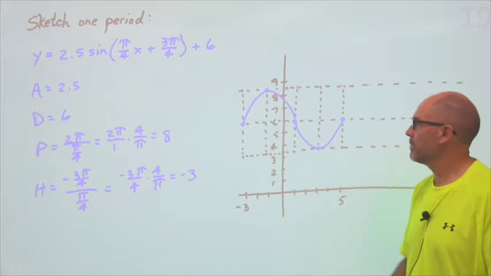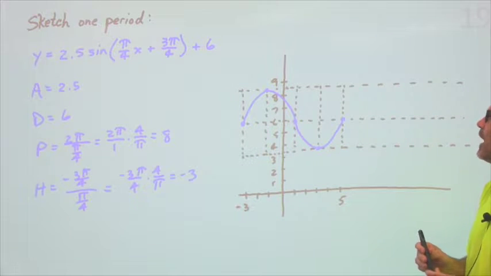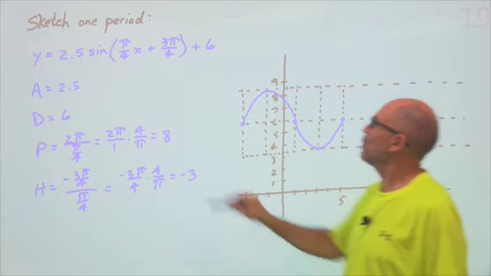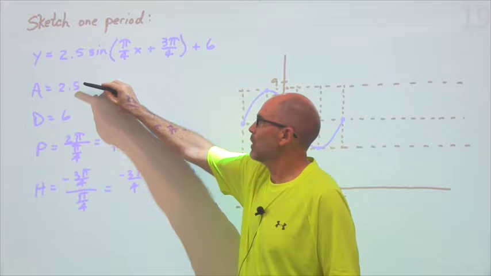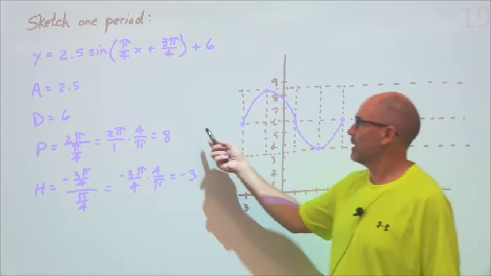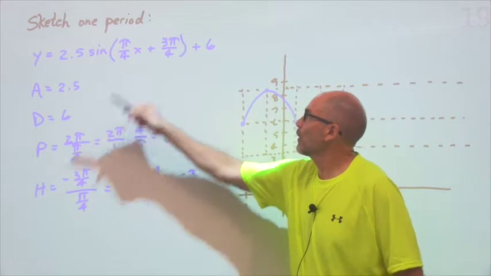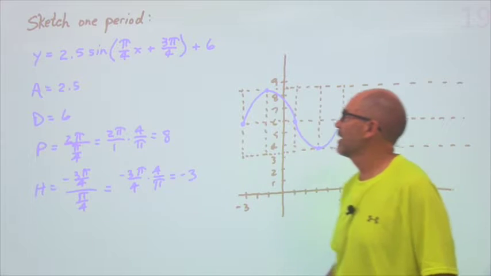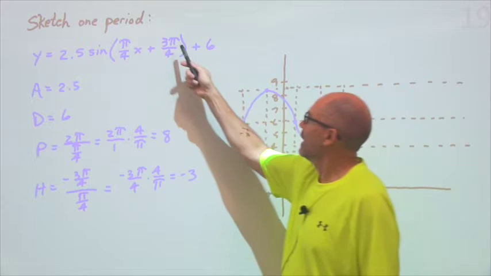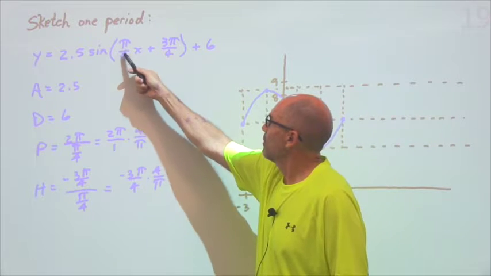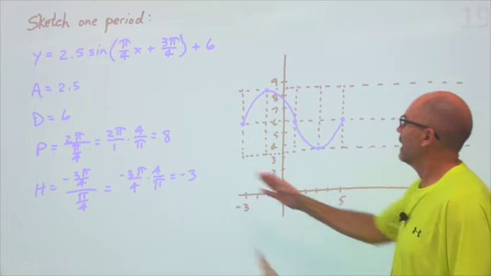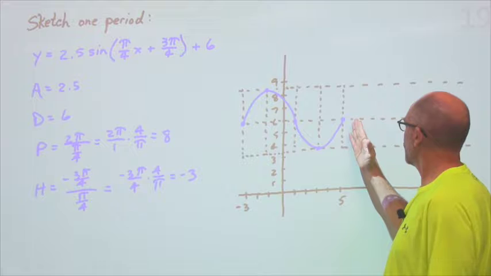This is one period. So you find your midline from D. Then you find out how far up and down you go from A. Then you find out the period from 2 pi over B. Then you find out the phase shift by going negative C over B. So now I know I'm moving left 3, but going a total of 8.